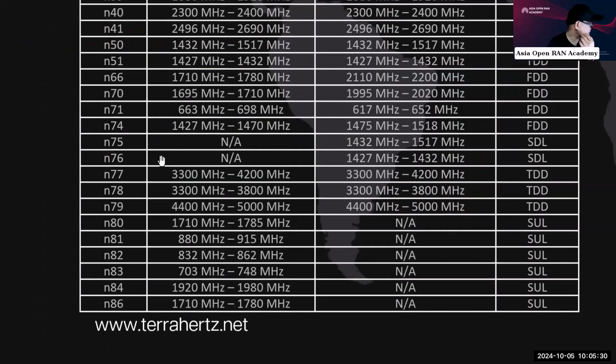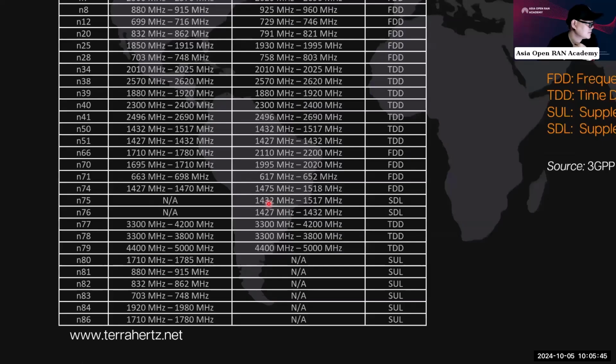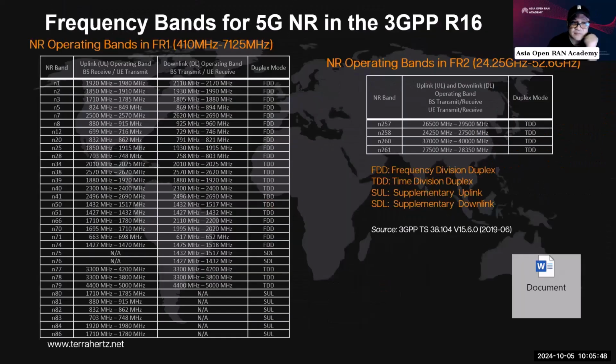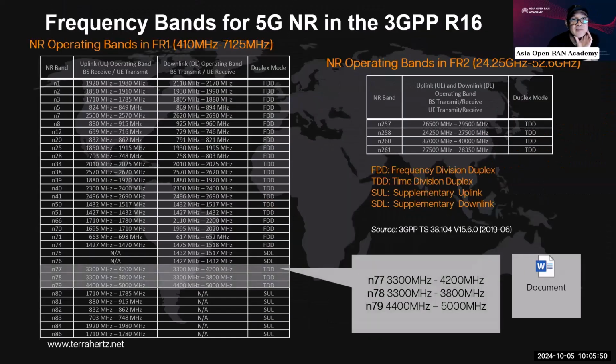N78 is 3.3 megahertz to 4 gigahertz to 4.2 gig. N78 is 3.3, 3.8. N79 is 4.4 and 500. Kasama ang Pilipinas, ang pinaka ginamit din natin is itong N77, N78, and N79. Okay?